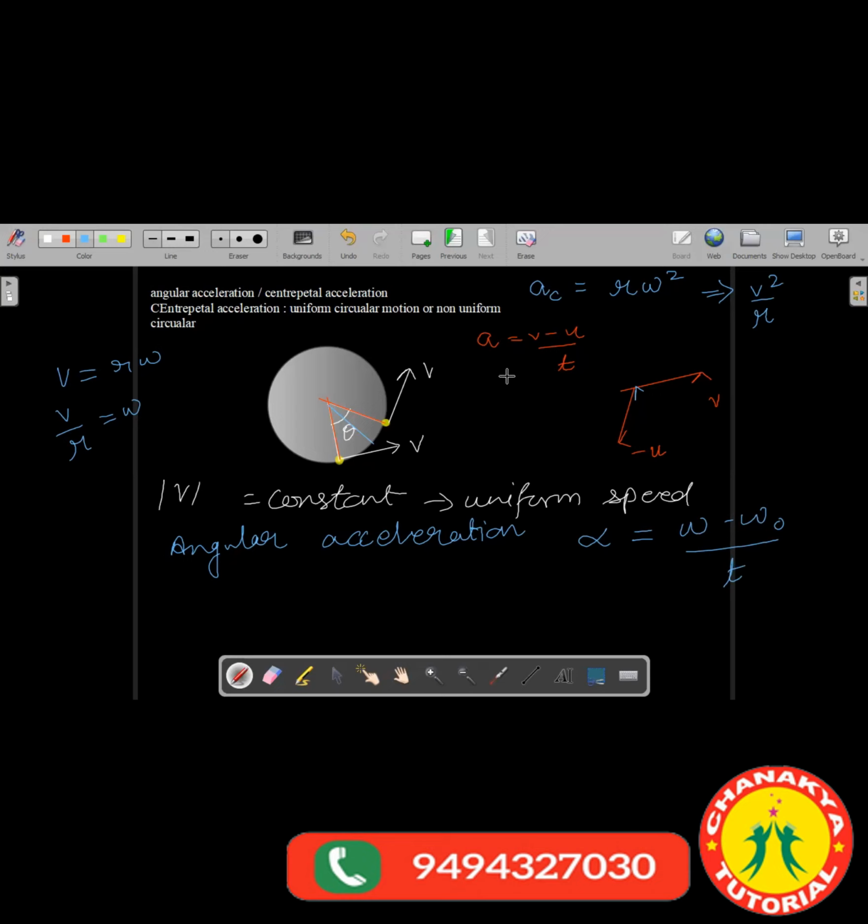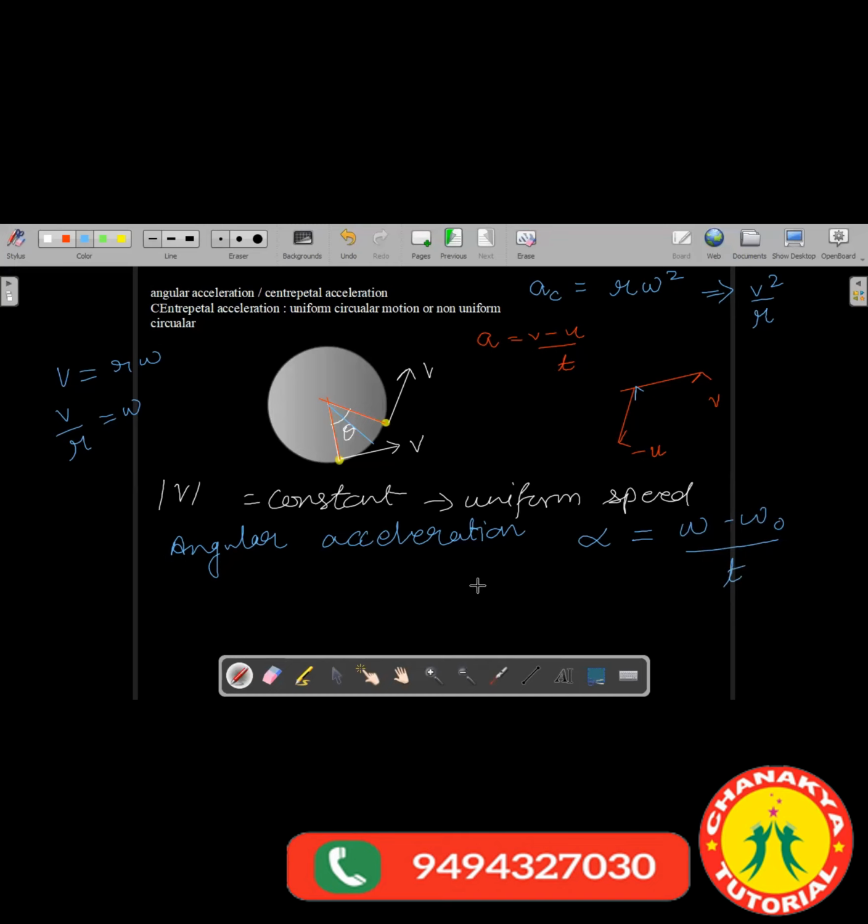In the case of linear acceleration, we have v minus u by t. So for the angular acceleration, we have the formula omega minus omega naught by t, where omega is the final angular velocity, omega naught is the initial angular velocity, and t is the time.